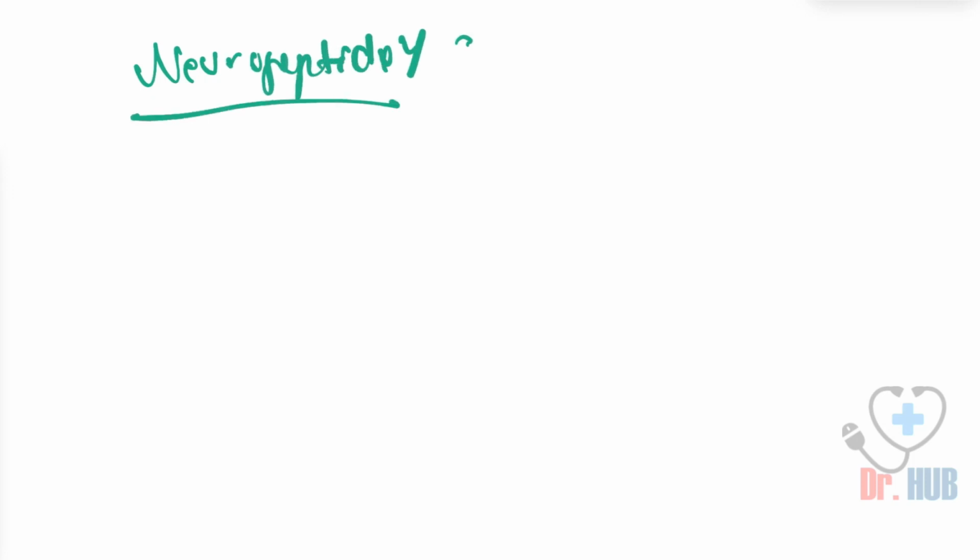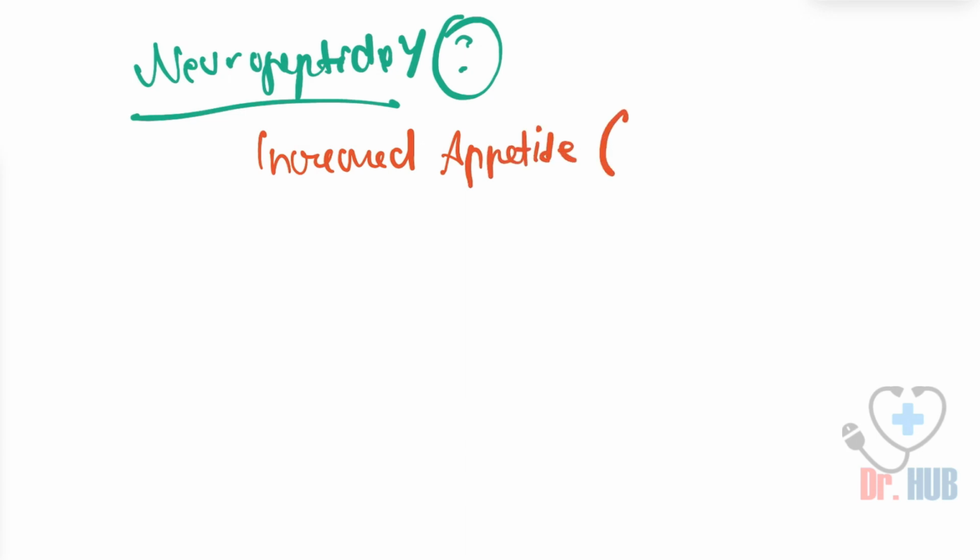The first question we asked was, what is the neuropeptide Y associated with? This is associated with the increased appetite. That is nothing but the orexigenic.